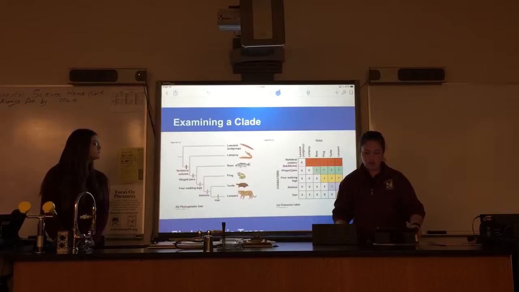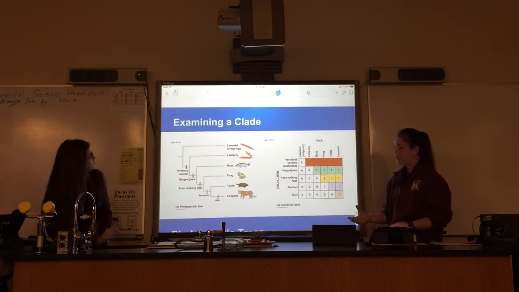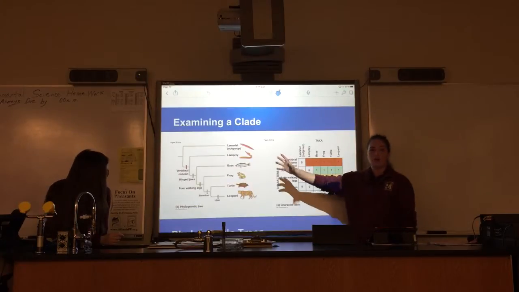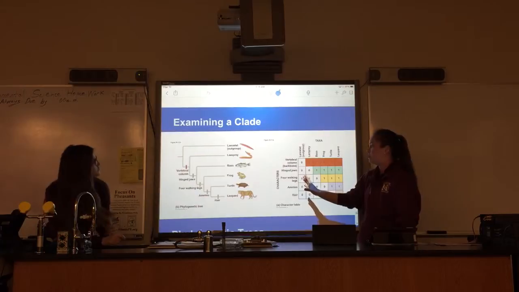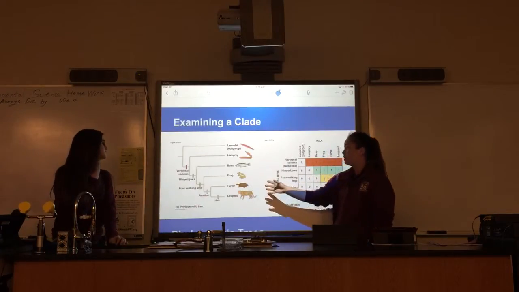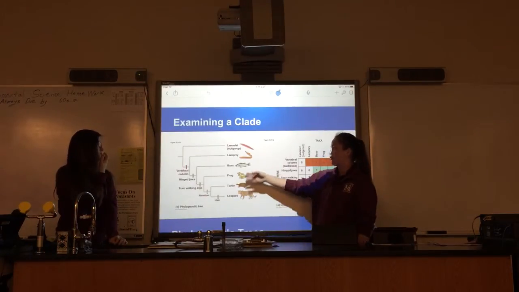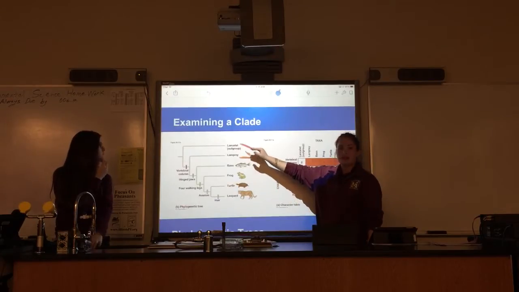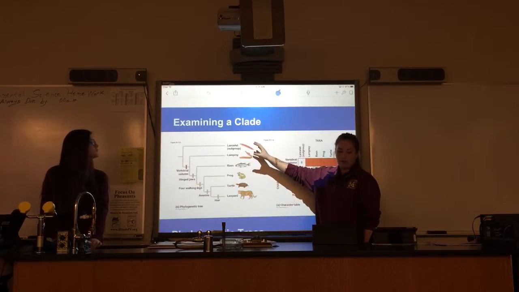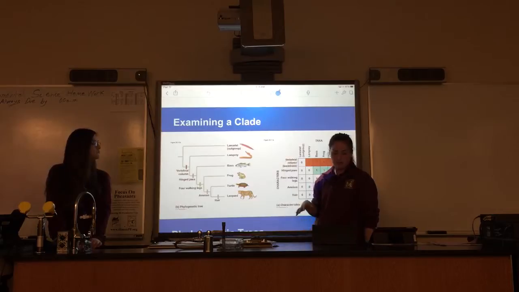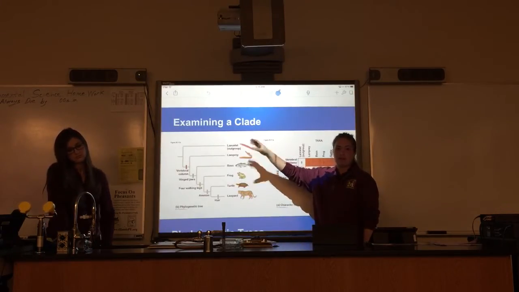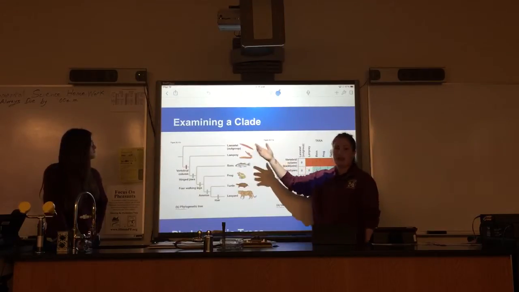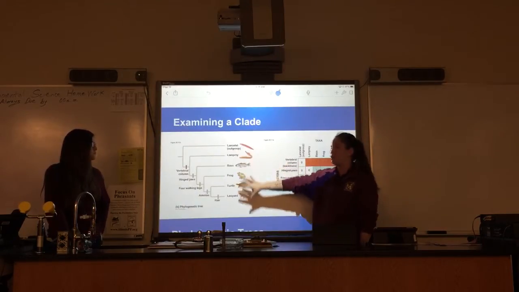This is the picture. So to examine a clade and see what organisms are related, you would pick an in-group, and for example, the in-group of this clade would be the leopard to the lamprey, and the lancelet would be considered the outgroup because it diverged from the rest of the clade, because a lancelet doesn't have a vertebrae while the other ones do.